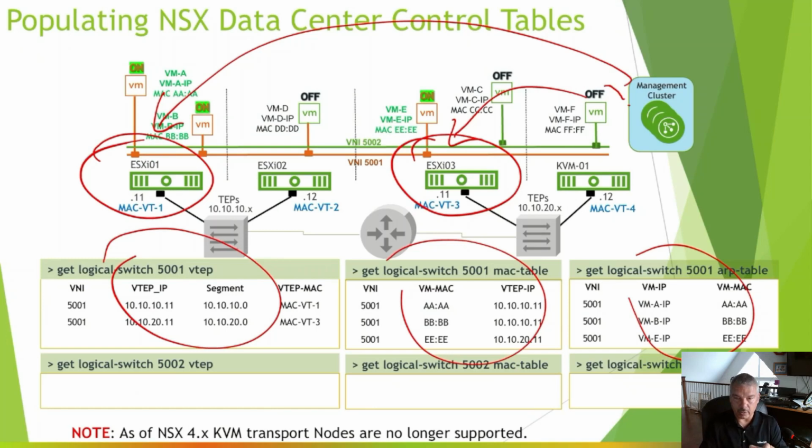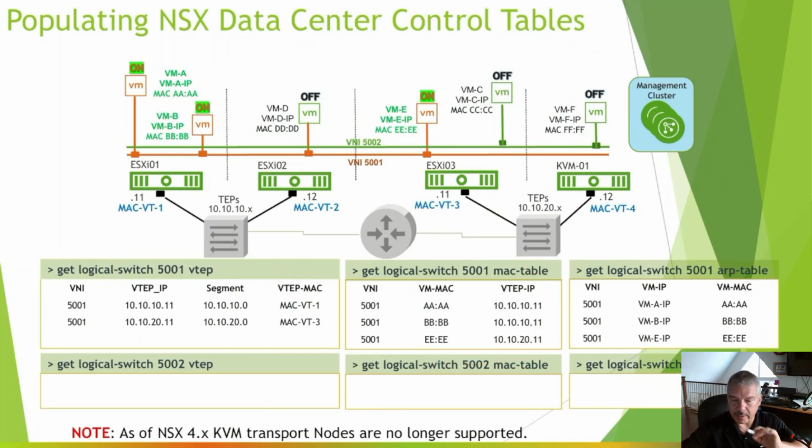So you can examine the tables on the host. I'll show you troubleshooting in another video. I would be able to see, oh yeah, this is what the host sees. This is what the central control plane sees. Great, everything's working good. Or maybe, no, that's not what I'm seeing. Something's missing here. Then at that point, you got to figure out what's going on, right? And I'll talk about troubleshooting in another video.